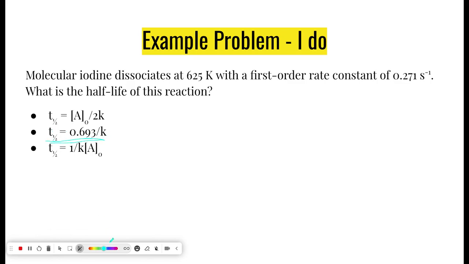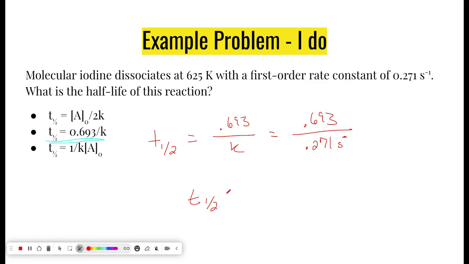Okay, so T1/2 is equal to 0.693 over K. And I'm just going to plug in my value. So 0.693 divided by 0.271 per second. T1/2, or the half-life, is 2.56 seconds.